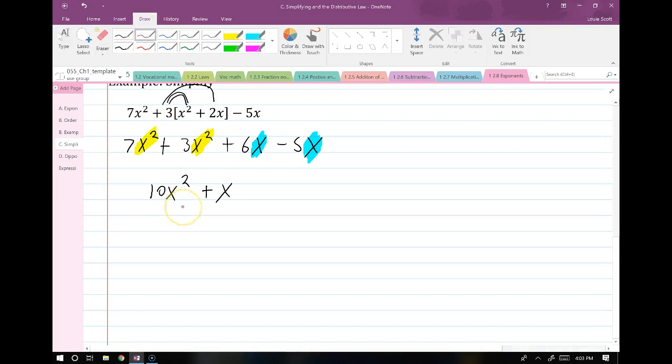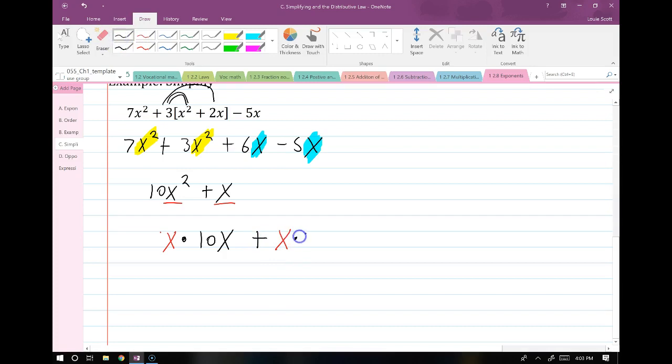Okay, so, right, we know that each of these contains at least one factor of x, right? This contains exactly 1. This contains 2. So we can rewrite this. So I can say, well, this is x times 10x, this first term, and then the second term is just x.